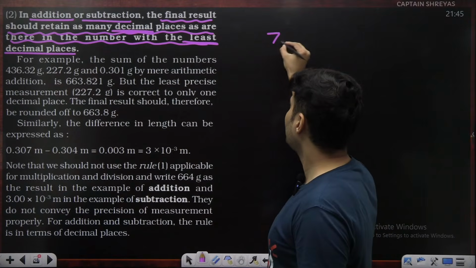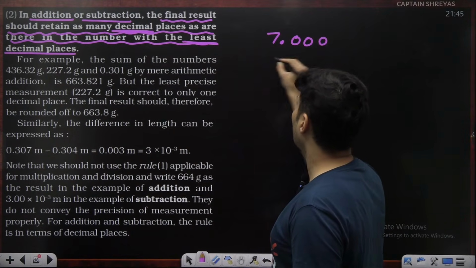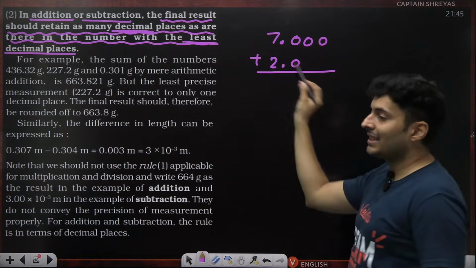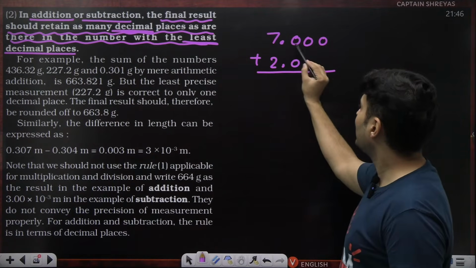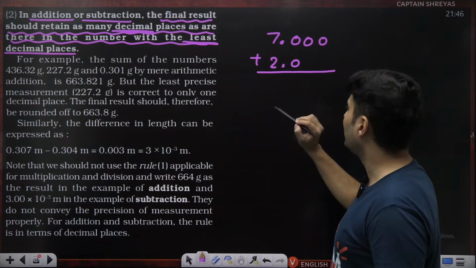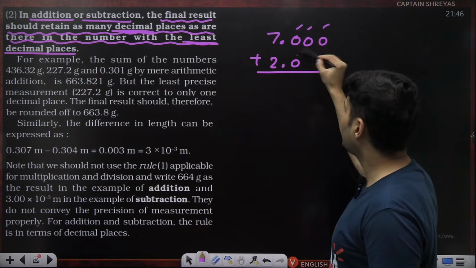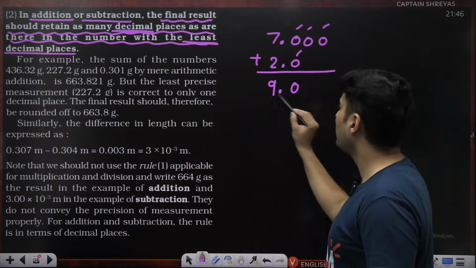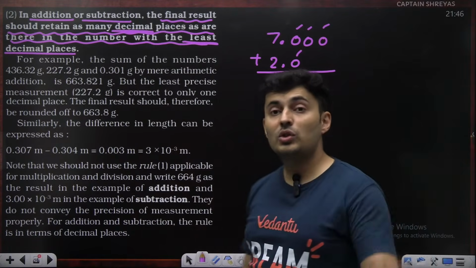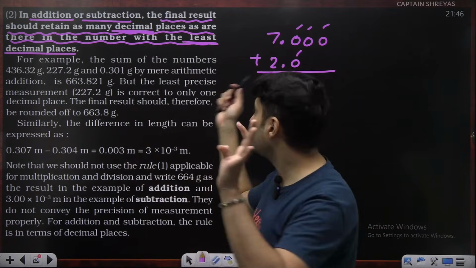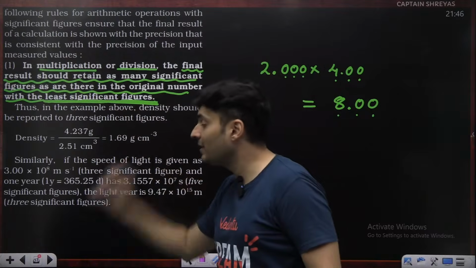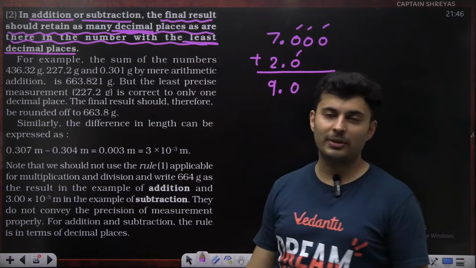For example, 7.000 plus 2.0. You just check the decimal places. This has 1, 2, 3. This has 1. So when you add them, the final answer should contain exactly one decimal place. So for addition and subtraction, it is decimal places. For multiplication and division, it is significant figures, the least of them.